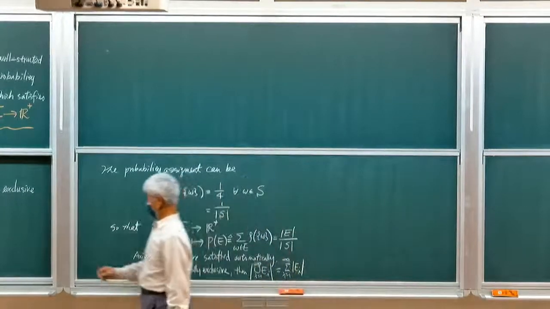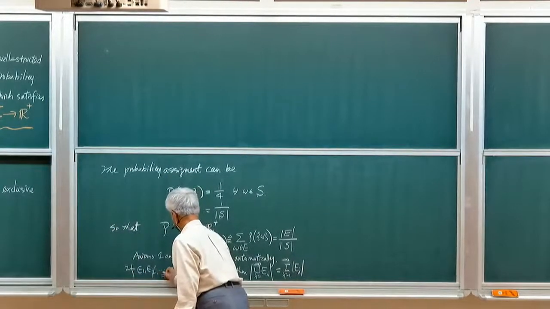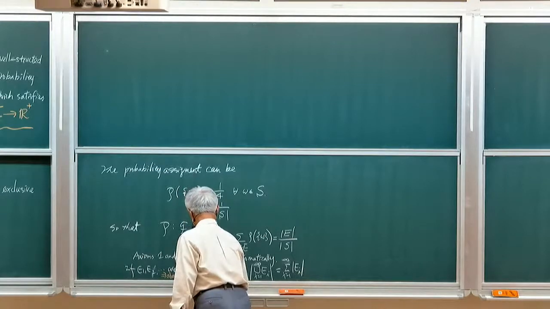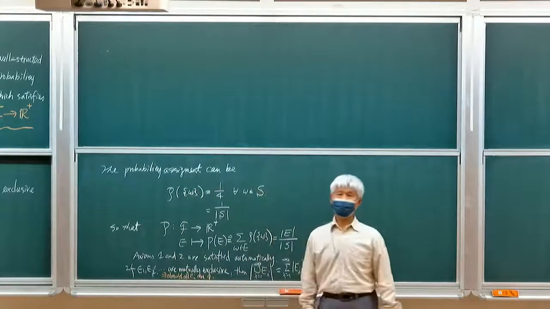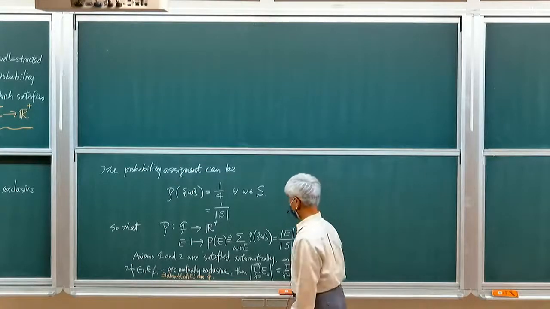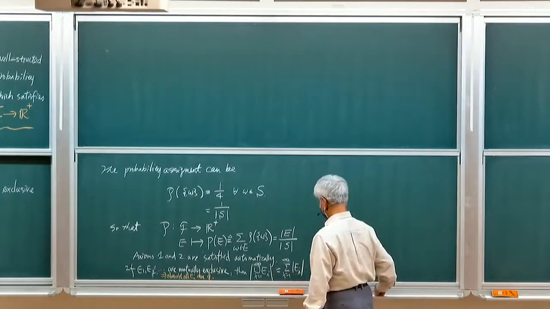So they say from here, almost all E_i are the empty set. Okay? So this is the same here.